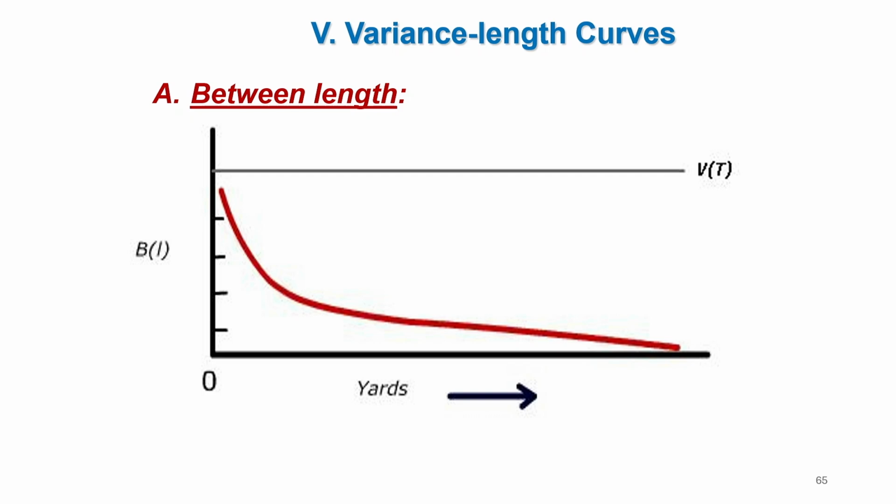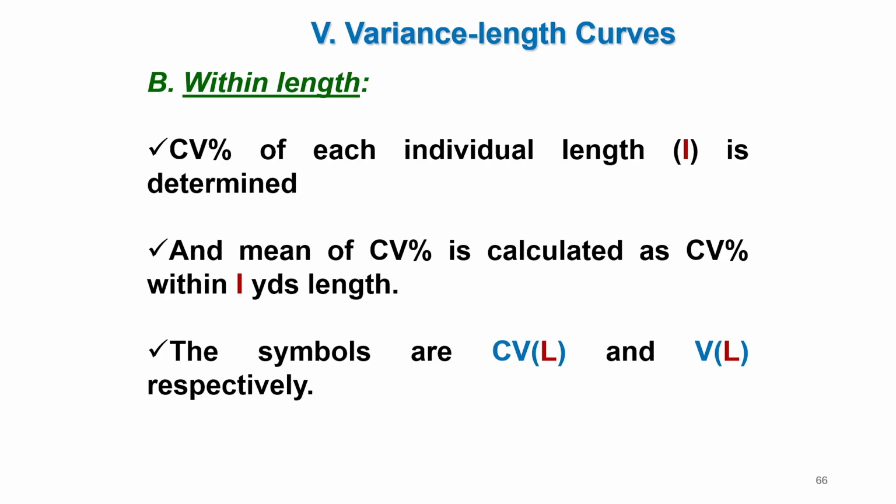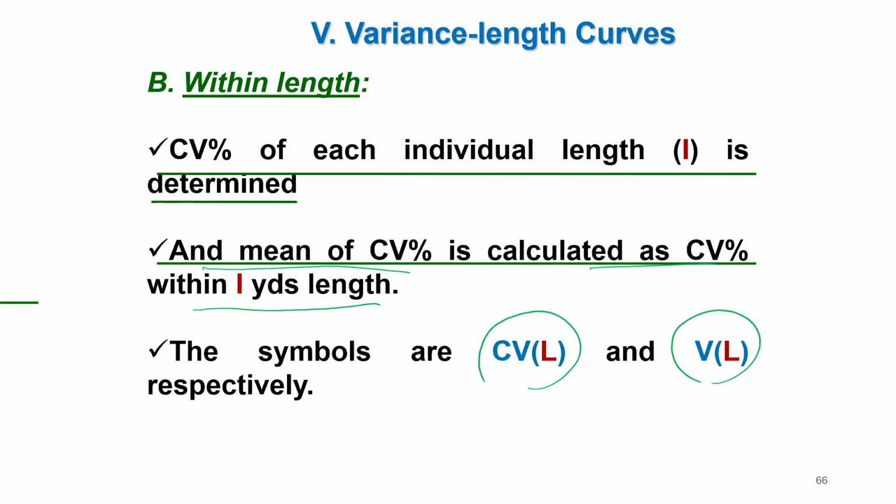Now, this is the shape, as I have already discussed. Within length, the CV of each individual length is determined, and the mean of CV is calculated as the CV percent within L length, and the symbol is CVL, or in short VL.